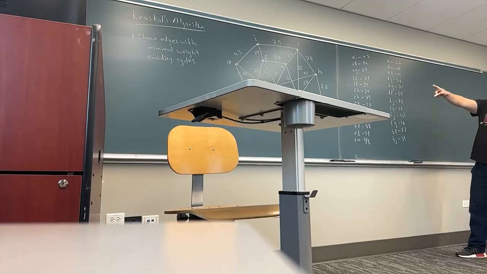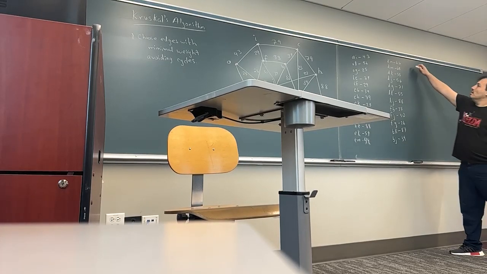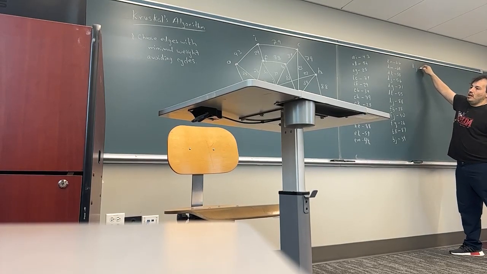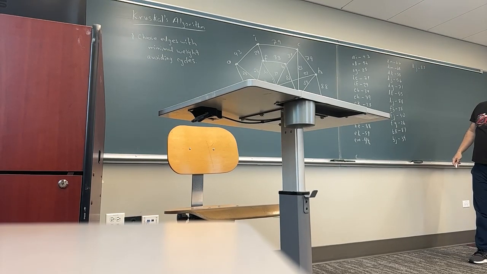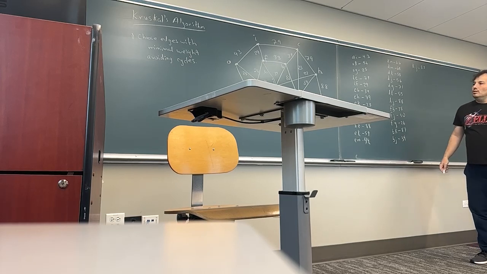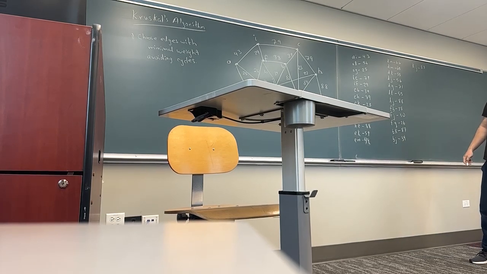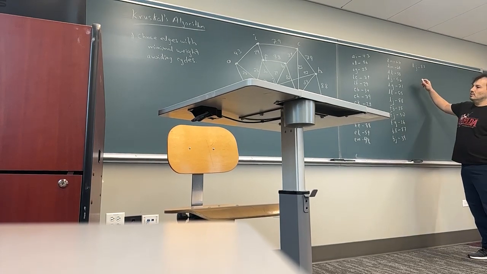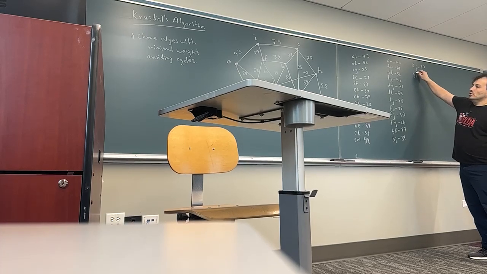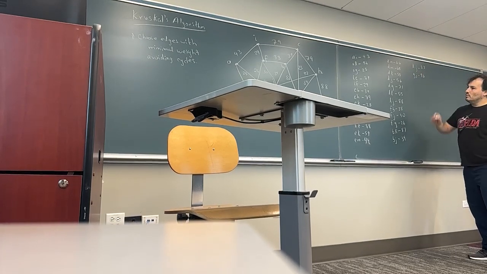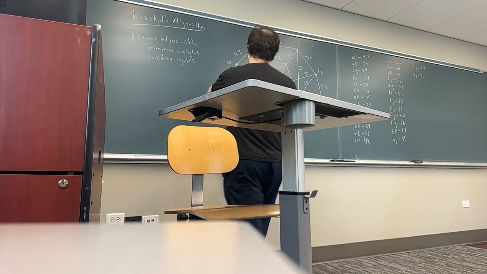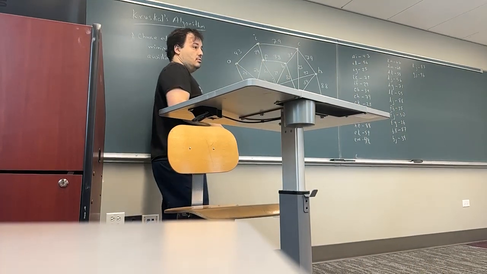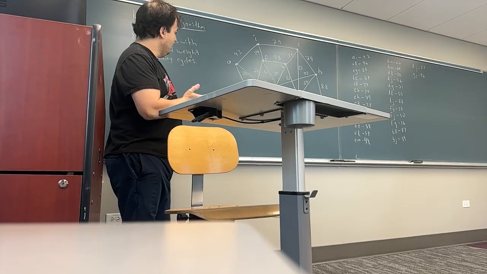Alright, what are we missing? I guess KJ, 83. And we have GJ 96. I think we got all the edges there. So let me know if I'm missing any.